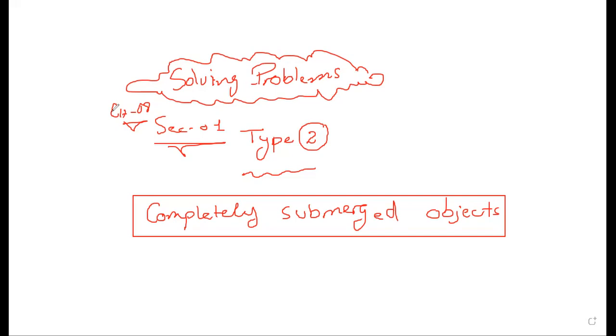So this type is talking about what? Only if the object is completely submerged. So what can help us to know this indirectly, without saying it's a completely submerged object?